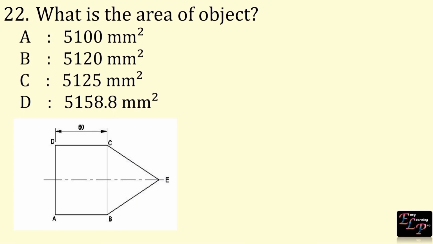What is the area of object? Here we have two shapes, square and equilateral triangle. Side of equilateral triangle is also 60. A1 is a square given by a square, 60 square, which is equal to 3600.